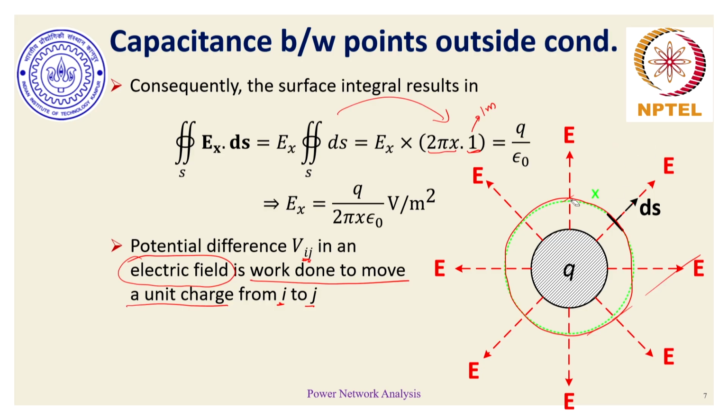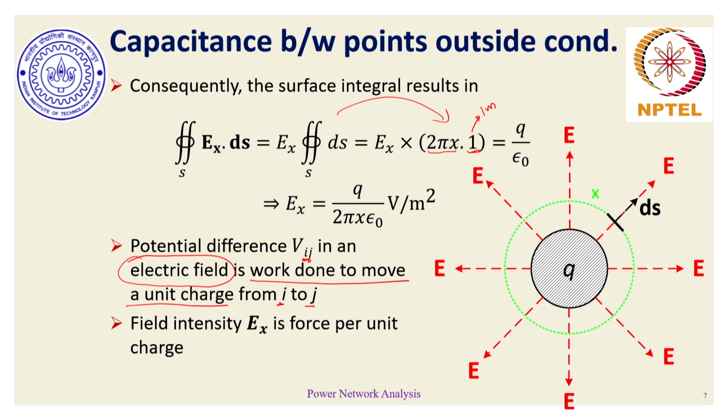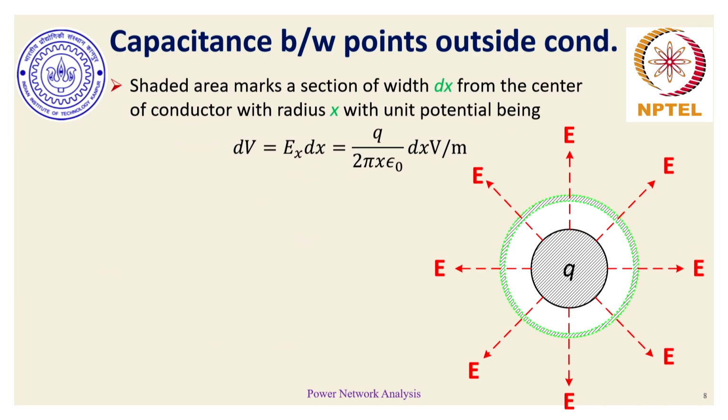If we overlap this discussion on the conductor that we have, then we can choose two different equipotential surfaces, and that would give us the potential difference between these two equipotential surfaces. The electric field responsible for this potential difference is the electric field intensity E of x, which is the force per unit charge, which we have evaluated over here. So if we know E of x, then we can find the potential difference.